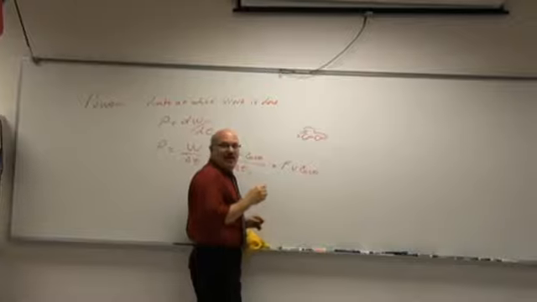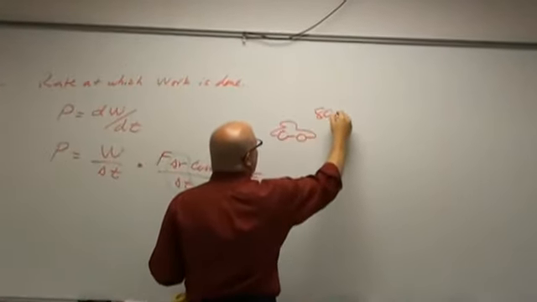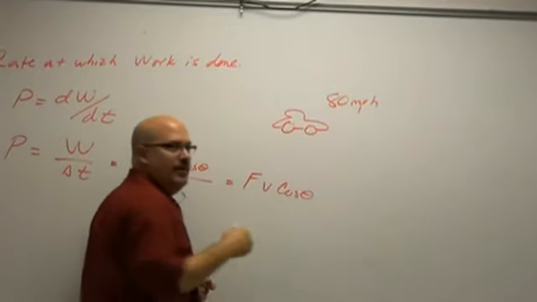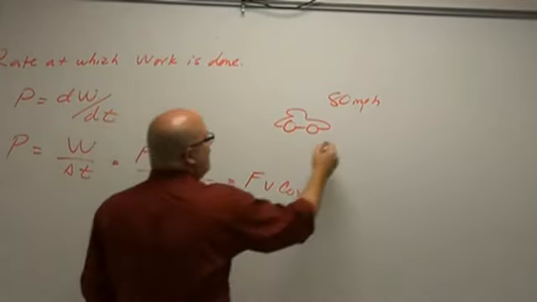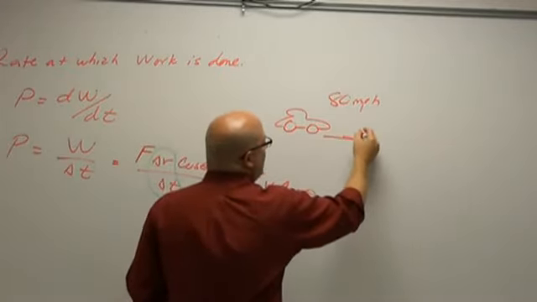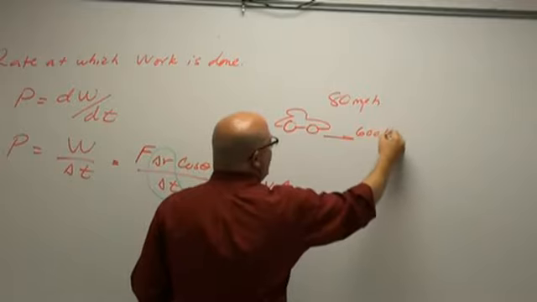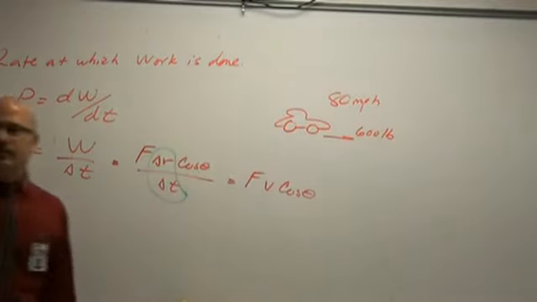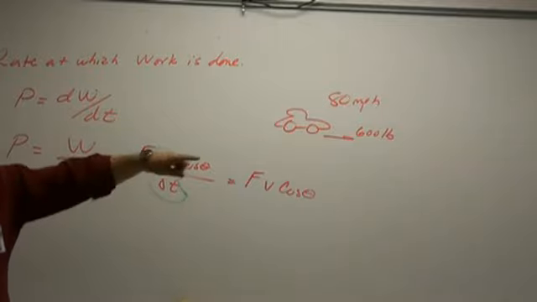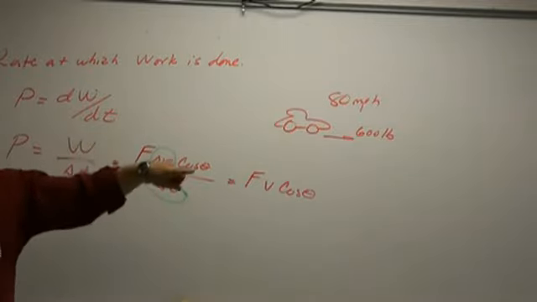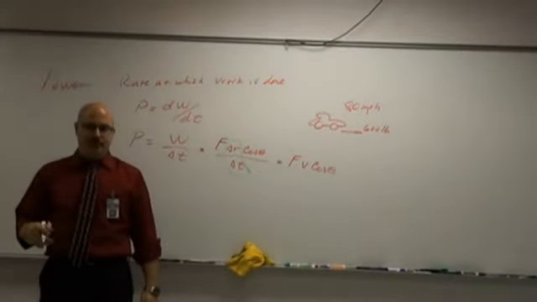So say you're in your car. You're driving along at 80 miles per hour. And let's say that the force required to keep you going that fast is, I don't know, 600 pounds of force. Now, assuming the force is in the direction you're going, you can find the power output of your engine.